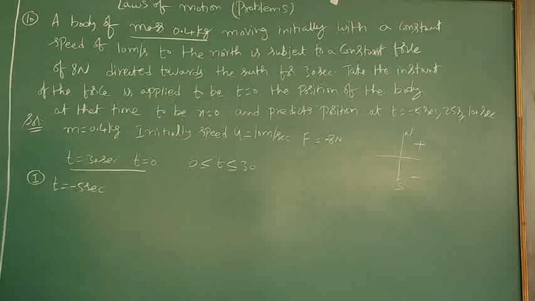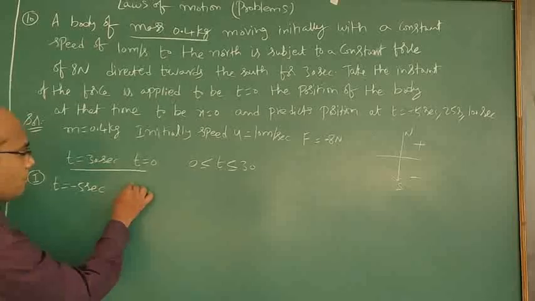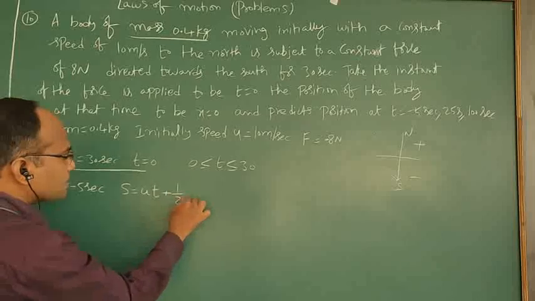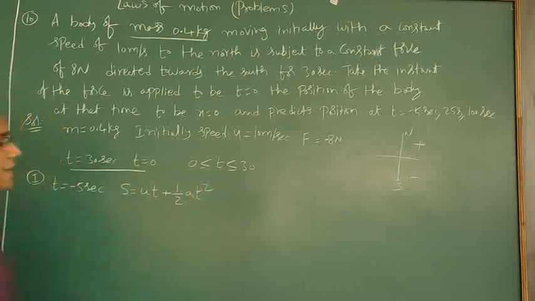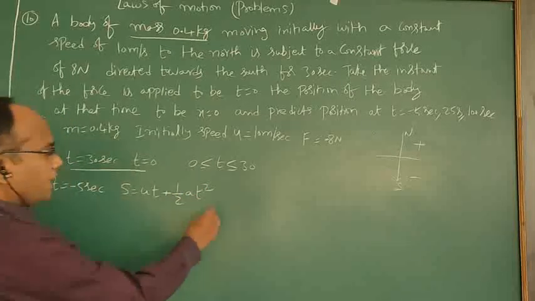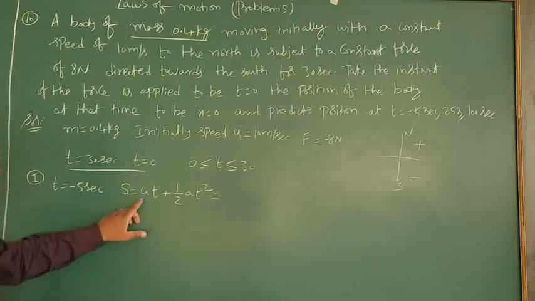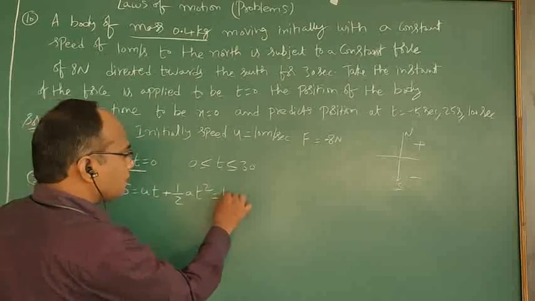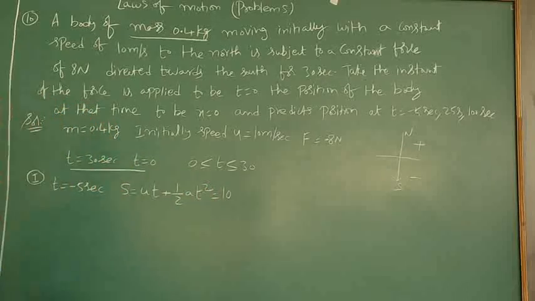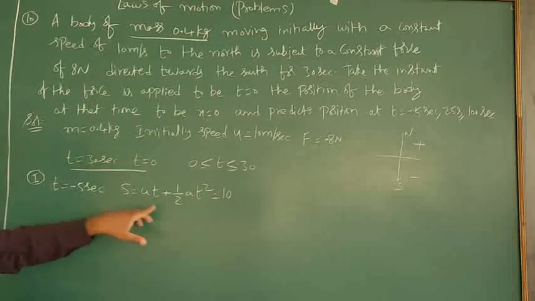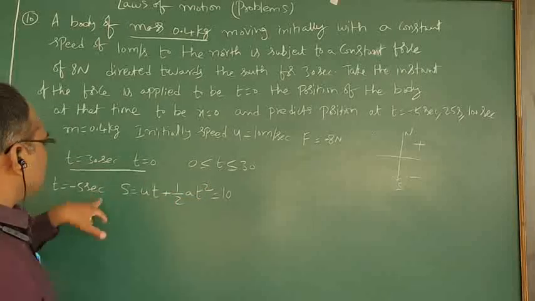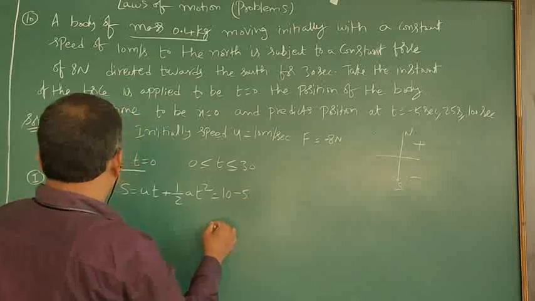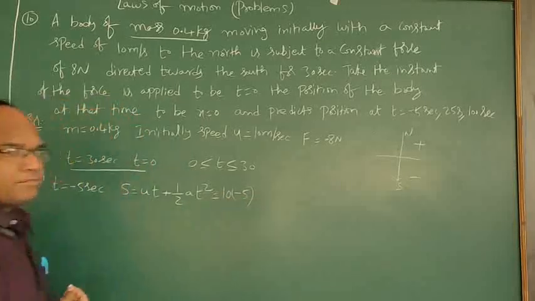So what is the value we have to write? First, what is the formula? s is equal to ut plus half at square. Here u is nothing but initial speed 10. Next, here time t is minus 5.